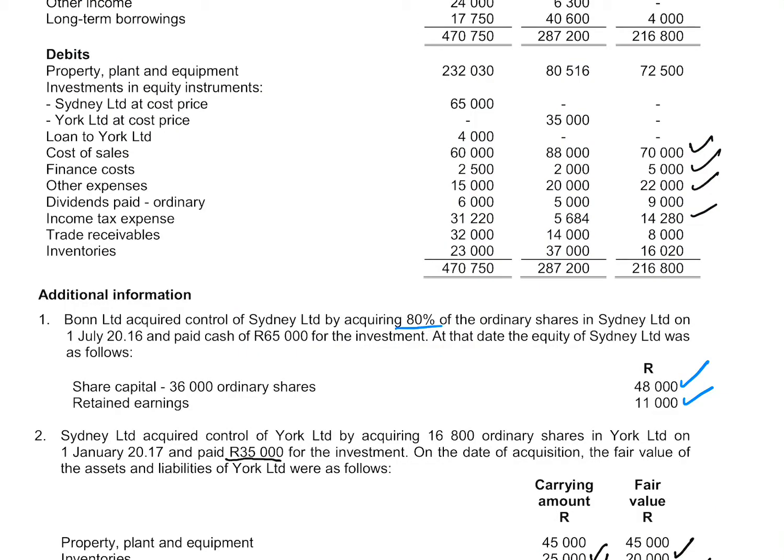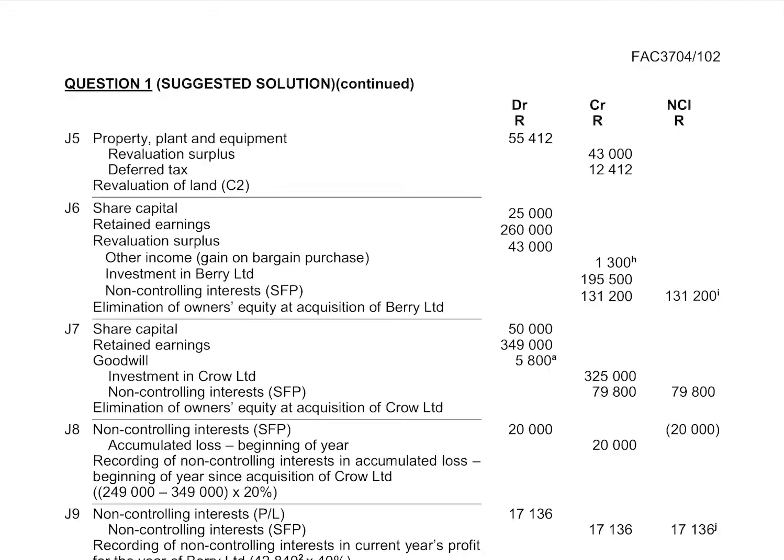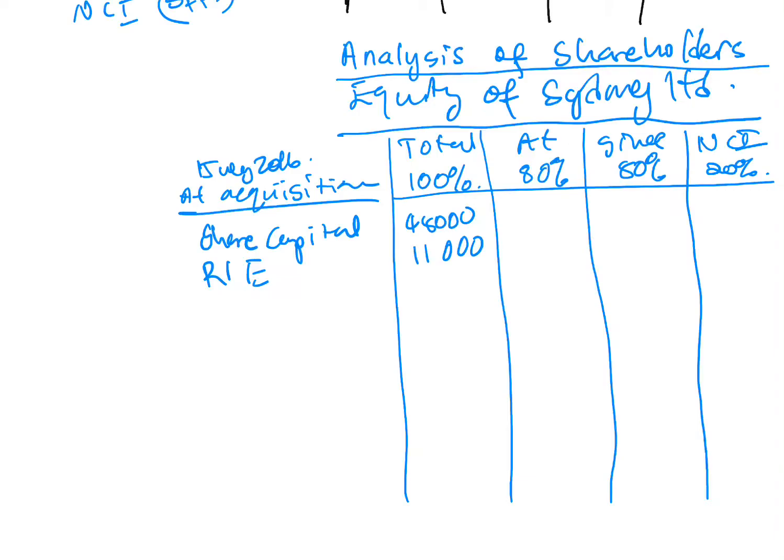So you're going to just take it as is. Right, 48 plus 11 will give us 59,000. Then 59, 47,200. 20% is going to be 11,800.